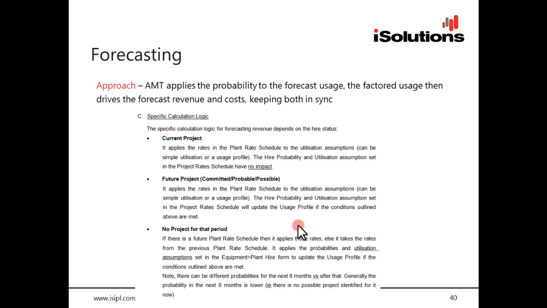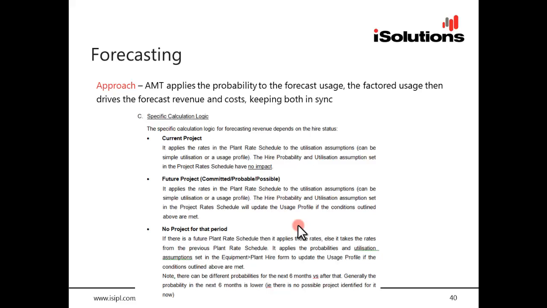If it's there on the project right now, it's a current project, then it's a sort of case of you can't be half pregnant. It's either in the project or it's not in the project. And if it's set up in the project, then even if people haven't corrected the probability, AMT assumes it's 100%. So this high probability and utilization assumption has no impact on current projects.